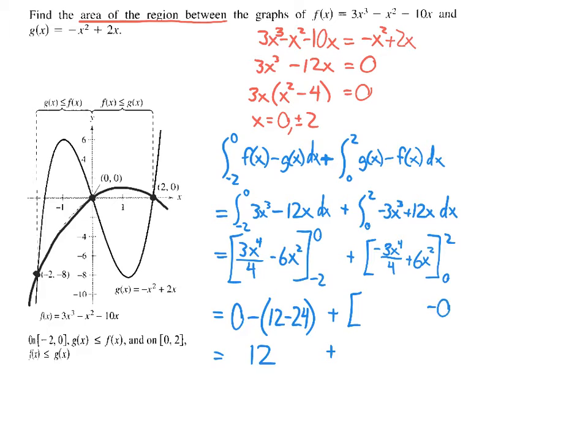We know it's going to be minus 0 at the end. So negative 2 to the 4th is 16, over 4 is 4, so that's a minus 12. And then here we have 6 times 4, which is 24. So this is 12, 12, and that is 24.